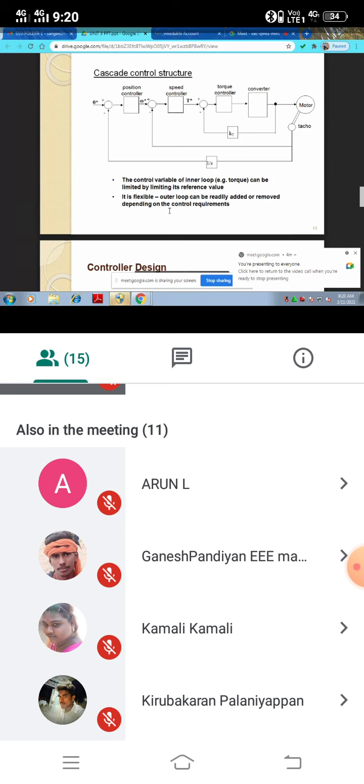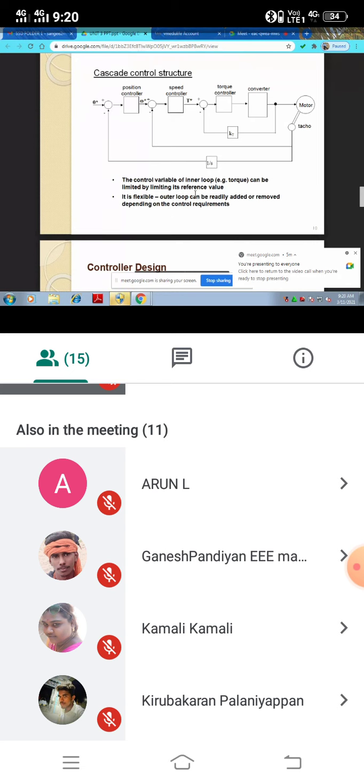In that DC motor equivalent circuit design, we had seen the cascade control structure. The cascade control structure has some connected equipment according to the representation of the DC motor coupled with the concerned mechanical load. From the technical elements and actuators of that mechanical load coupling, the list is position controller, speed controller, torque controller, converter.